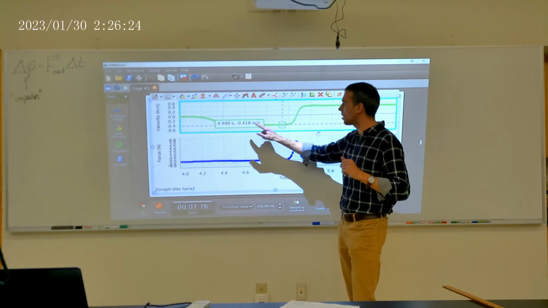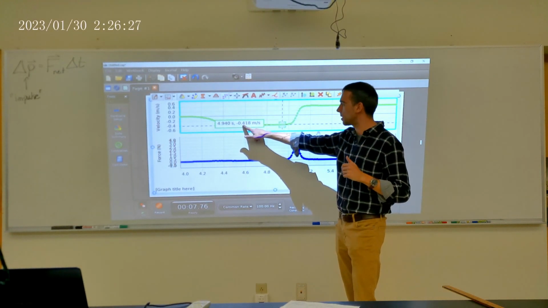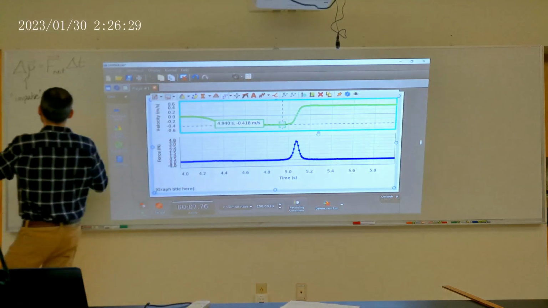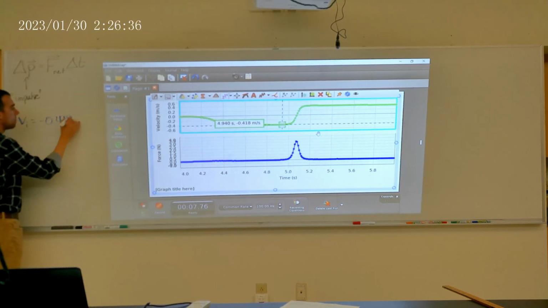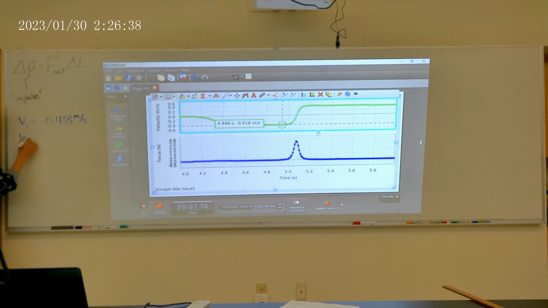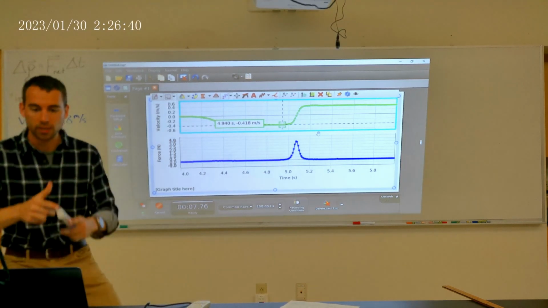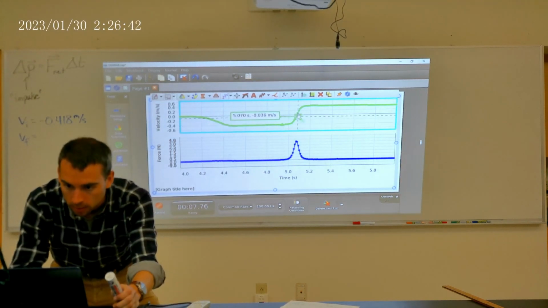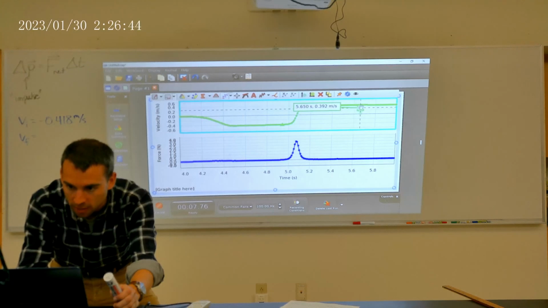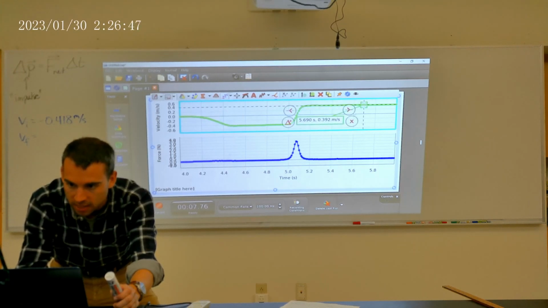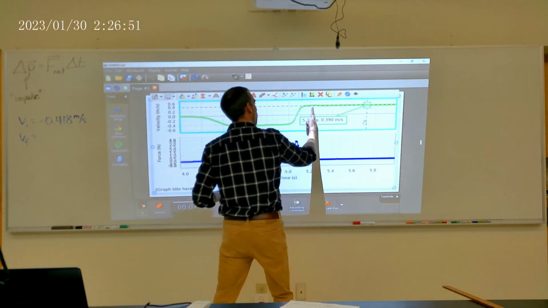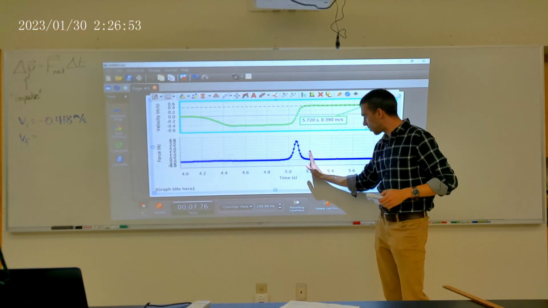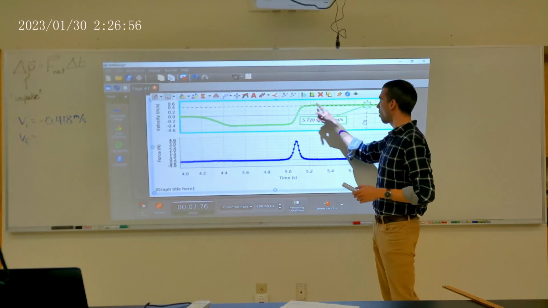We can see that I'm coming in with an initial velocity of negative 0.418 meters per second. We will see what my velocity was after the collision. So you don't want to select way over here, because you can notice that it is going down over time. Friction is acting. So we kind of want to pick right after the force was exerted, but not too far over.